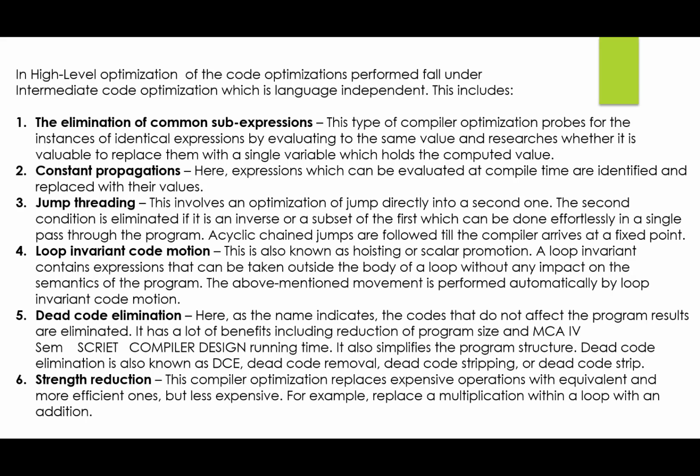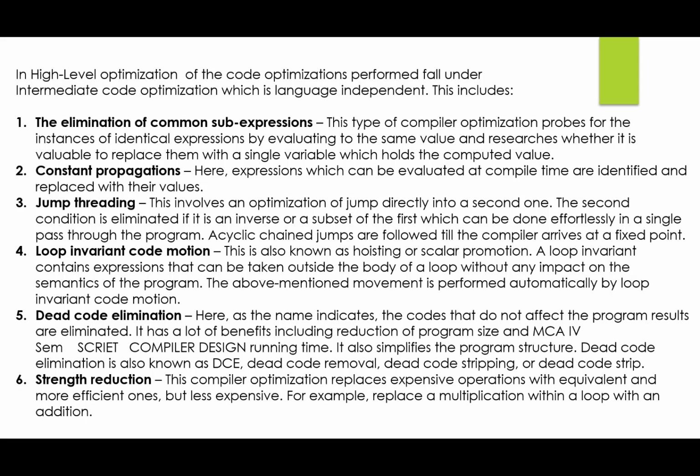The second condition is eliminated if it is an inverse or a subset of the first, which can be done effortlessly in a single pass through the program. Cyclic jumps are followed until the compiler arrives at a fixed point.